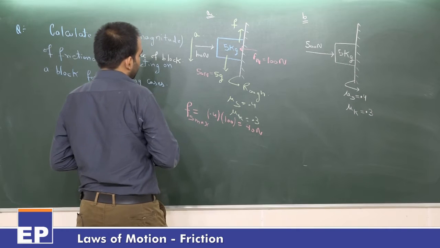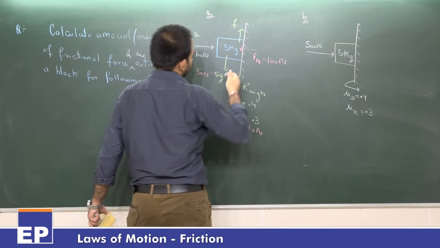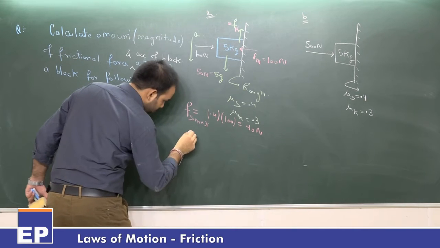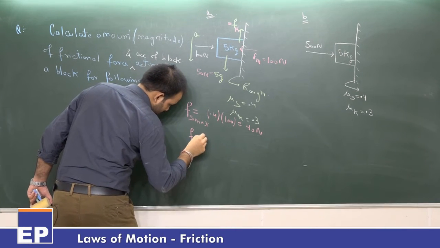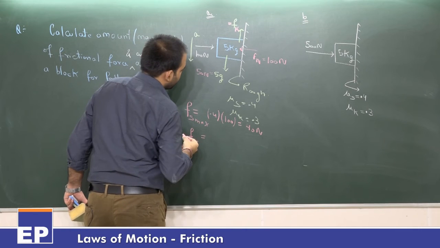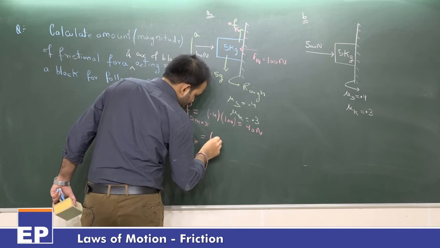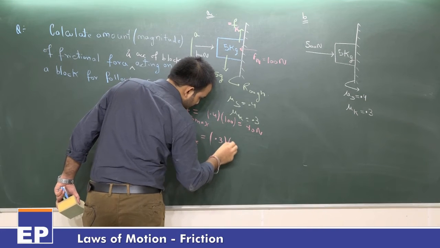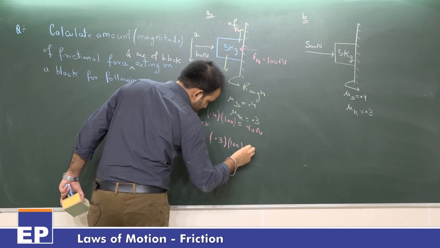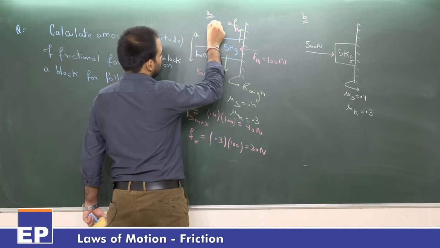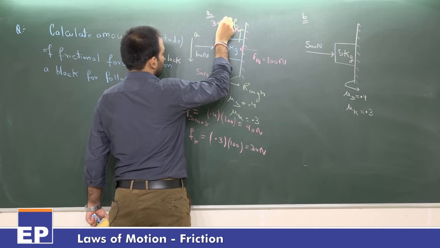If it moves with acceleration A, then what is the friction? The friction that acts then is kinetic friction. And what is the value of Fk? That is mu k into Fn, which is 0.3 into 100. So it is 30 Newton. So this frictional force is acting at 30 Newton.